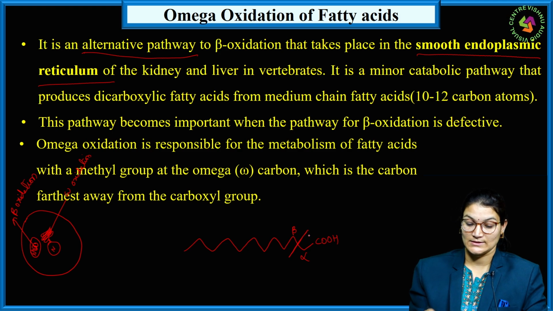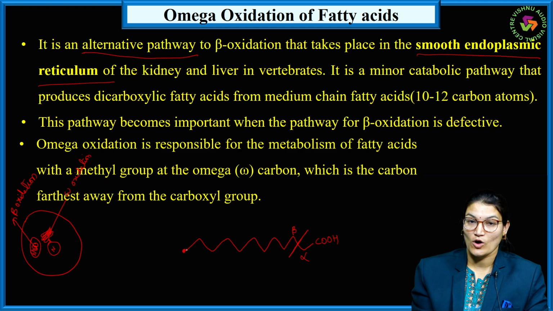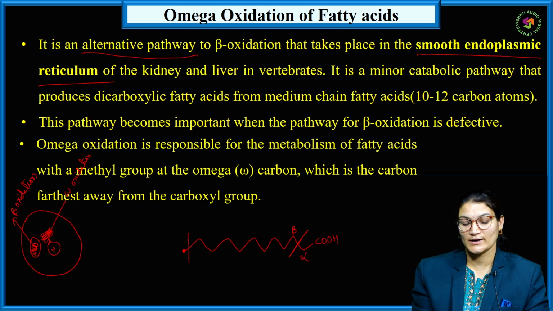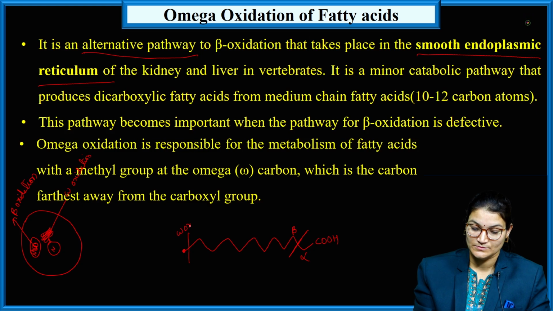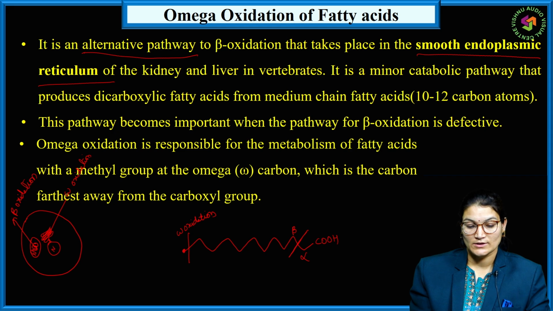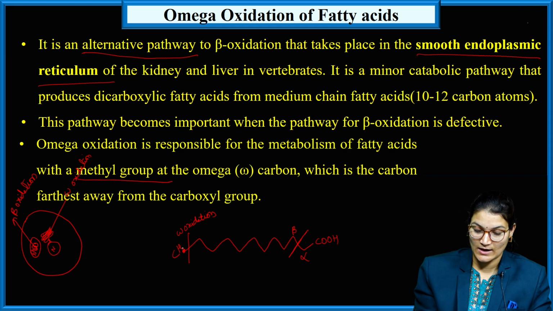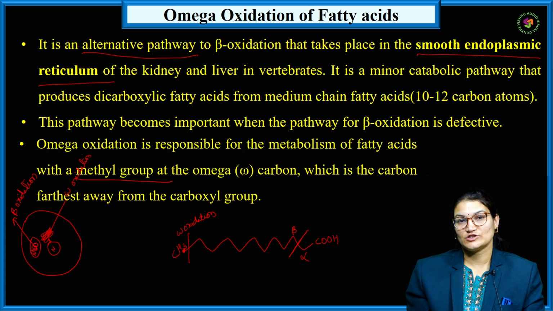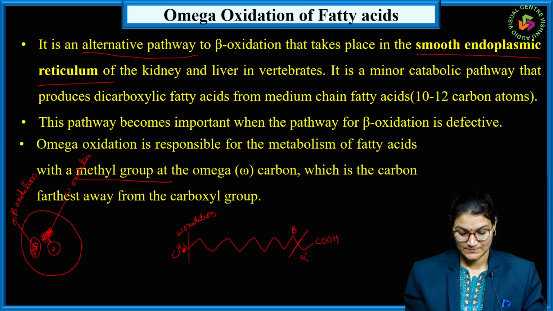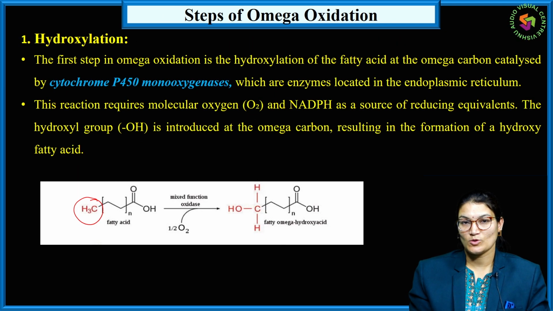Omega carbon is nothing but the last carbon of the fatty acid. Whatever oxidation occurs at the last carbon of the fatty acid is called omega oxidation. A methyl group will be present at the last carbon atom. A fatty acid which contains a methyl group at the end of the chain is considered for omega oxidation. There are three steps involved in this omega oxidation.